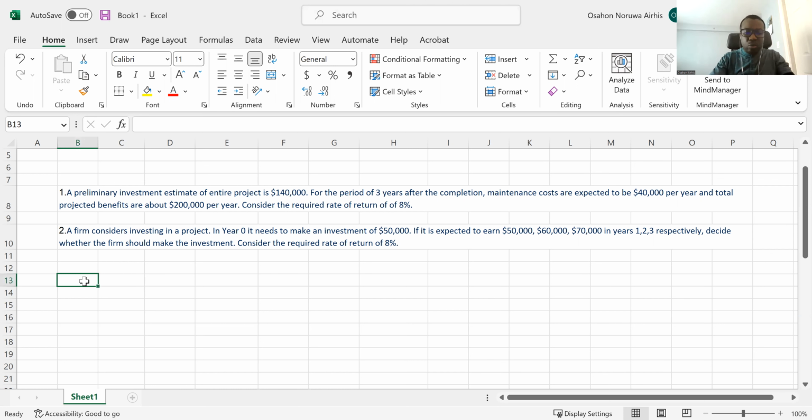Before we do, let's state what we have. So I is our investment amount, 140,000.